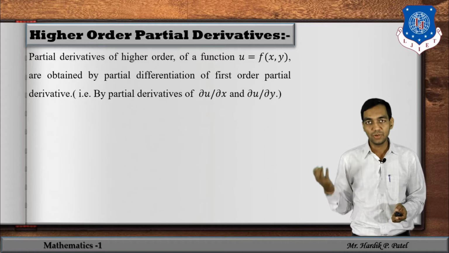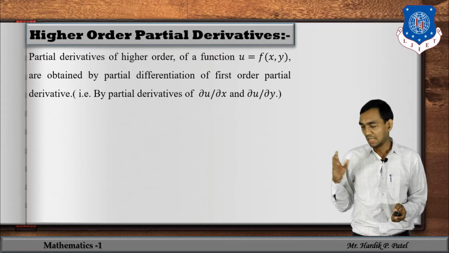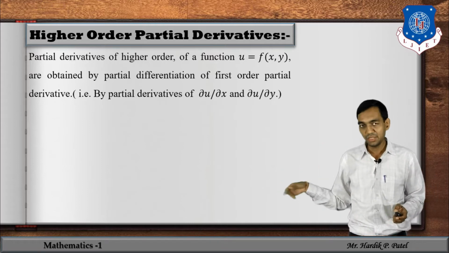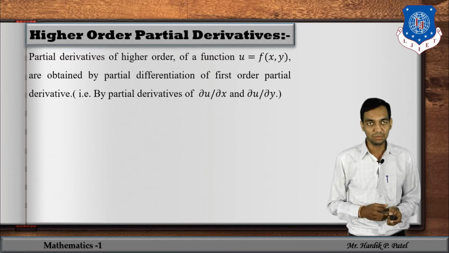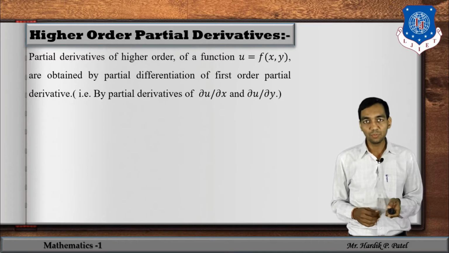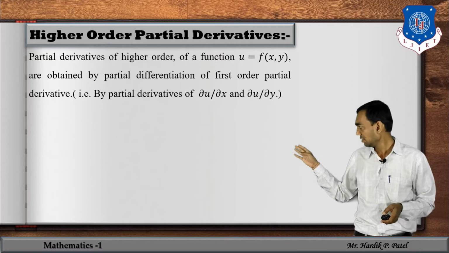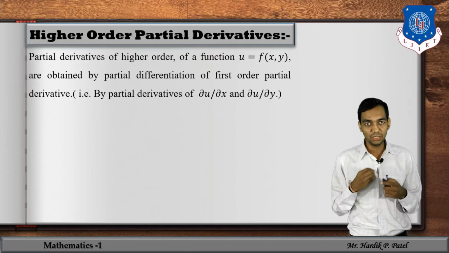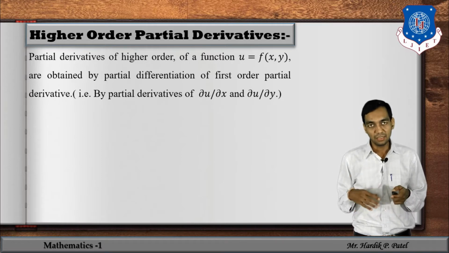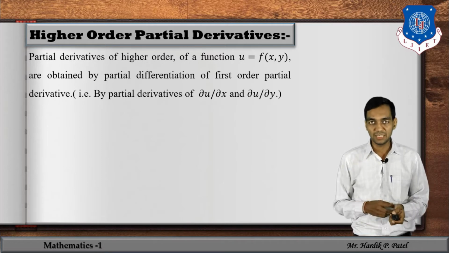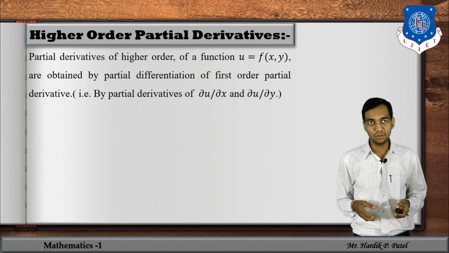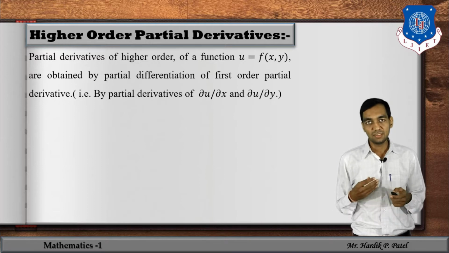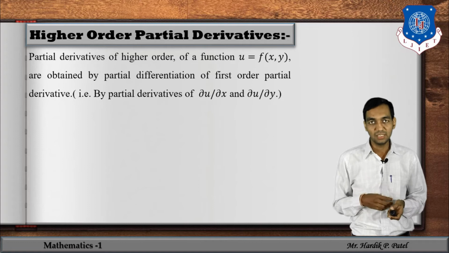Now, we are going to define the higher order derivatives. As we have defined the first order, in the same manner you can define the higher order derivatives. Now, see, suppose you have u is a function of x and y and the first order partial derivatives exist. Then the derivative of a first order partial derivative is called the second order derivative, and if you continue in this way, then you will have higher partial derivatives.